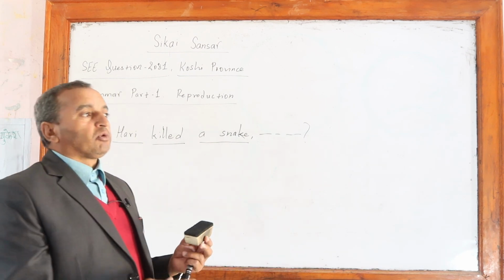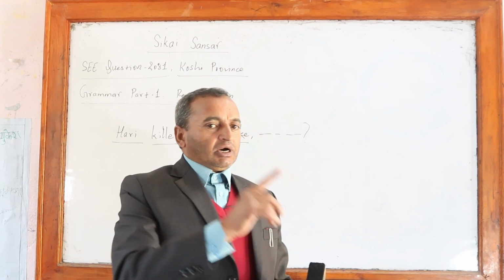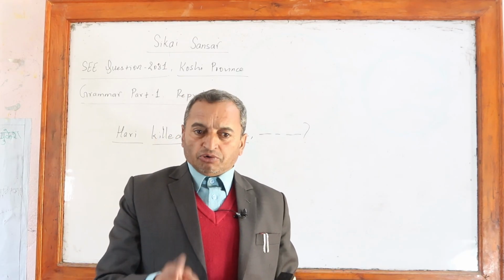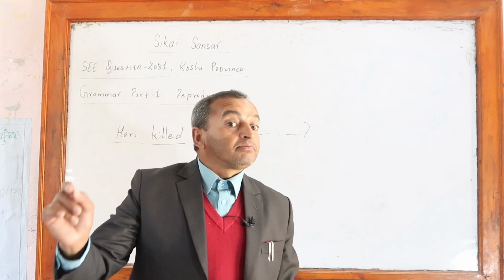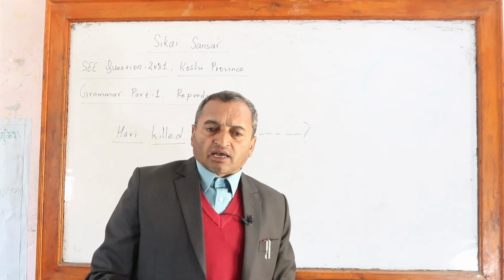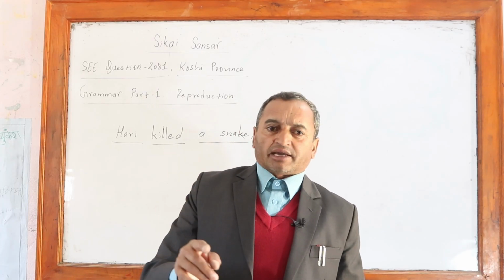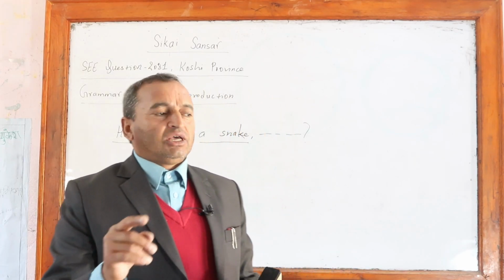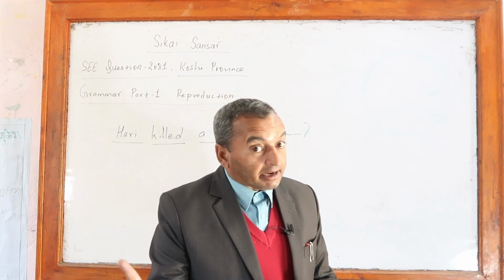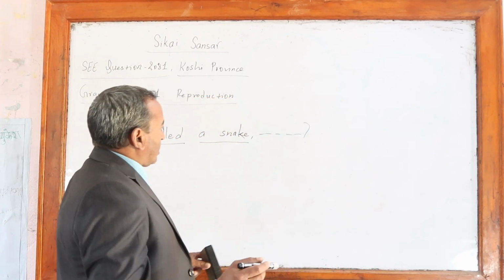So now what type of auxiliary verb do we need? Okay, do or does, that we used previously in present tense, but now killed is there. So what is the past form of do and does? Oh, you are correct. The past form of do or does is did. So now we have to supply did here.